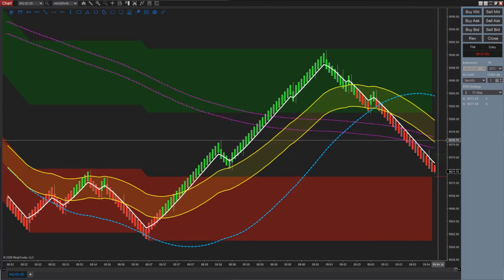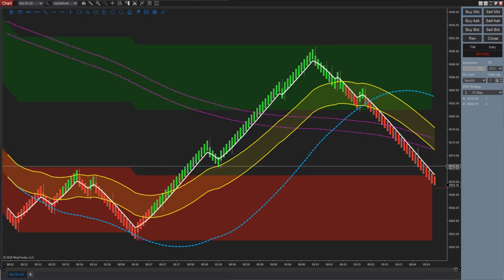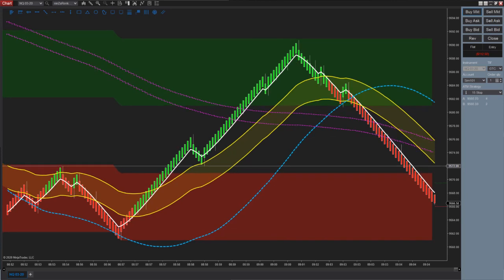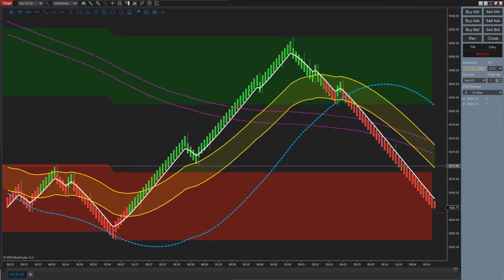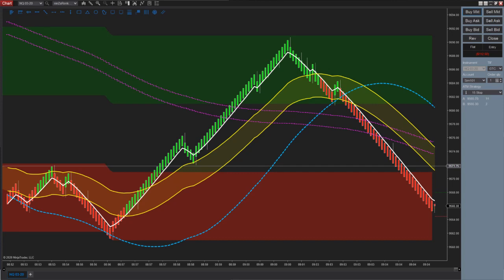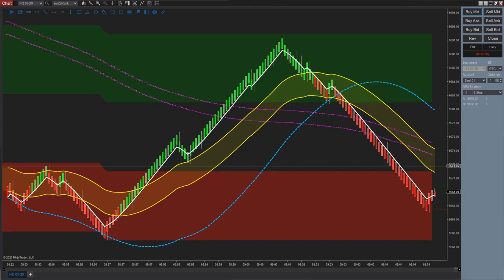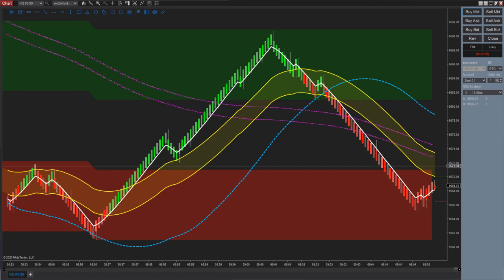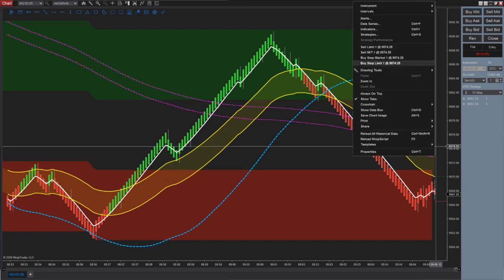Let's wait for pullback, then we'll go short. I will go short here.